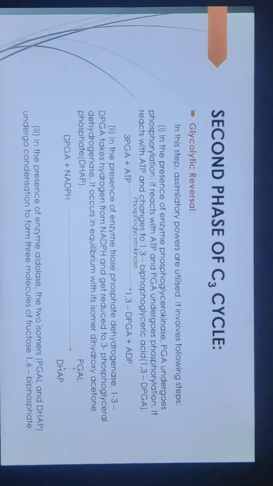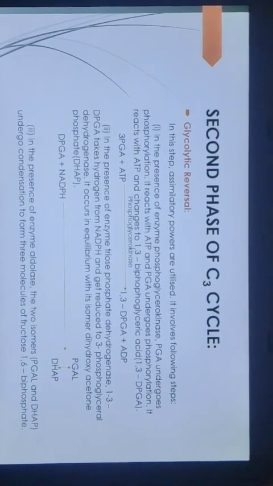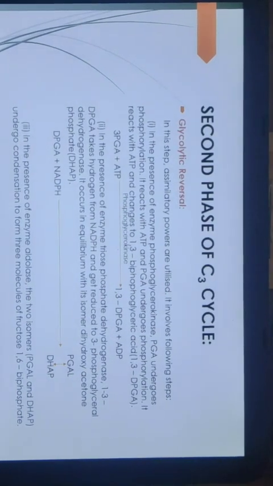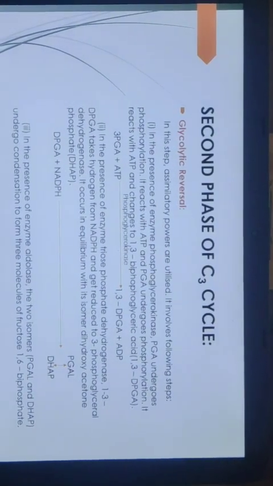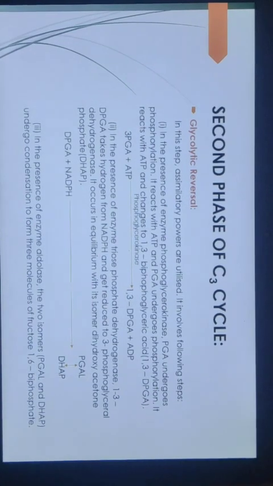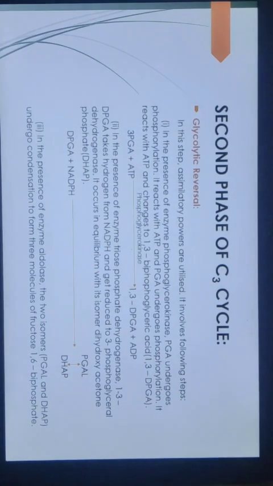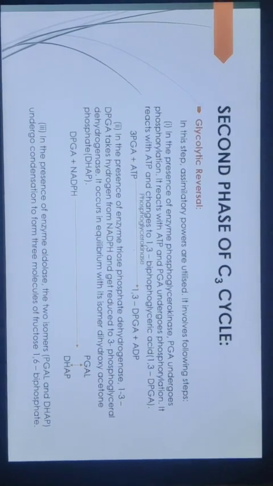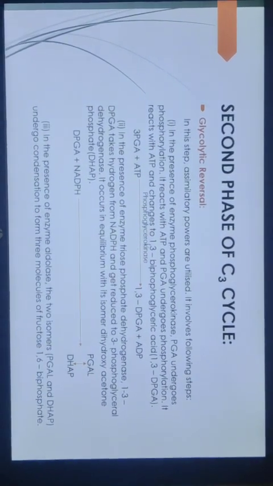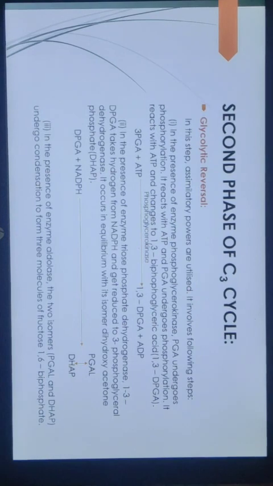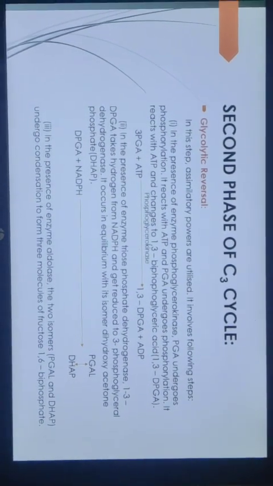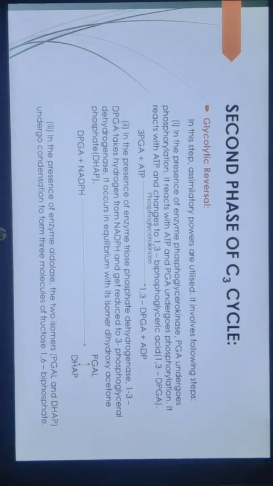Now an equilibrium with its isomer occurs, that is dihydroxyacetone phosphate, which maintains the equilibrium.